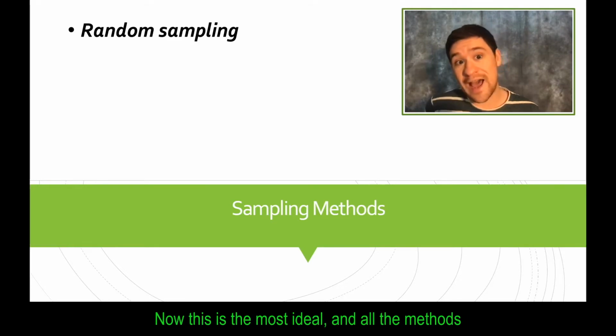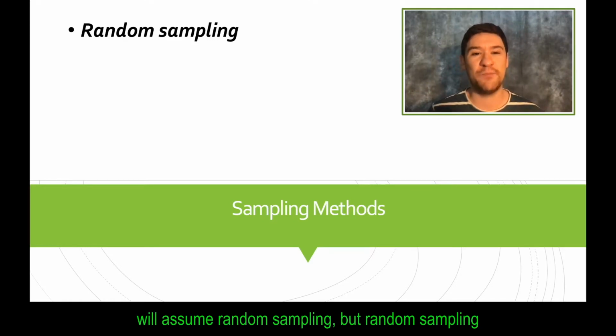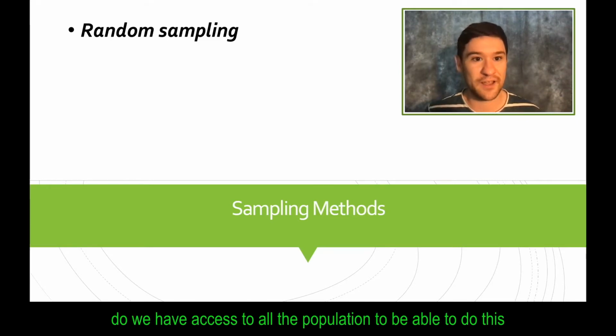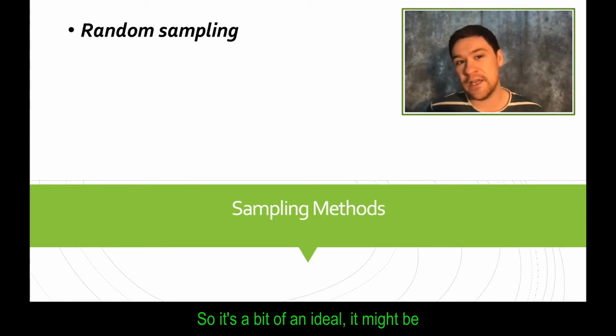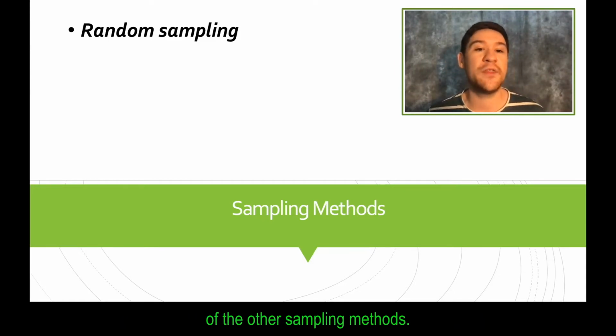This is the most ideal, and all the methods we are going to talk about from now on will assume random sampling. But random sampling is a bit impossible, really. What is randomness for a start? And do we have access to all the population to be able to do this random choice? So it's a bit of an unrealistic ideal, but it's a good model for some of the other sampling methods.